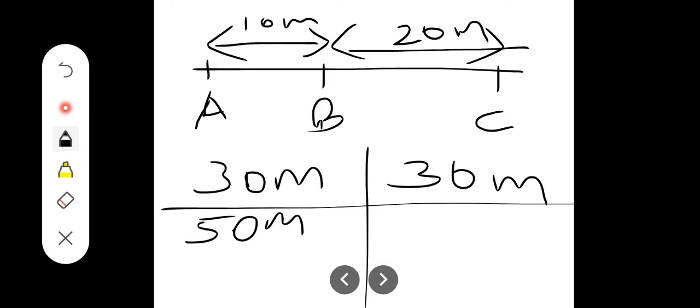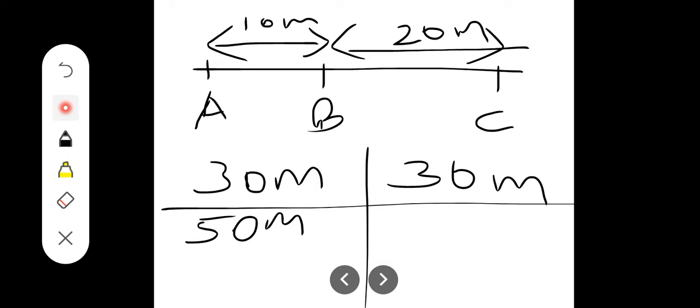And what about the displacement in this case? The initial position is A, and then it goes to B, then to C, then again to B. That means the final position is B. So change in position occurs between A and B, right?